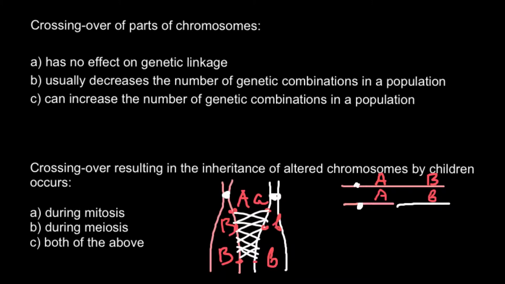Another variant would be also a recombinant chromosome, and we would see recessive gene A here and dominant gene B here, and the last variant would be the original chromosome that we see here.